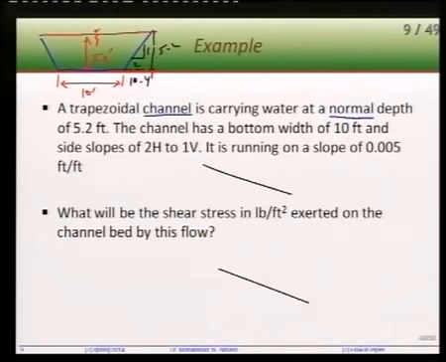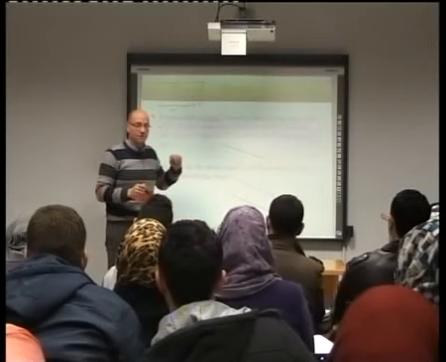Now the channel, on top of it there is the water, just like that. Now this is the water surface, but this is the bed, the bottom of the channel, or whatever. Now, if this is a uniform flow, what must we have here for this to be a uniform flow?